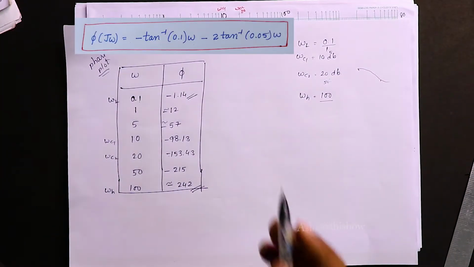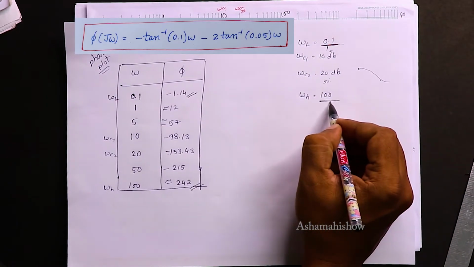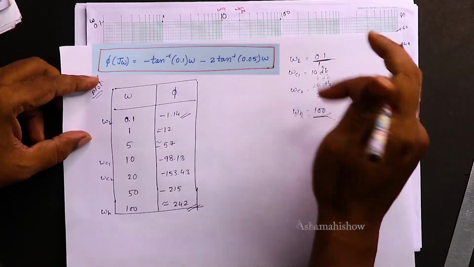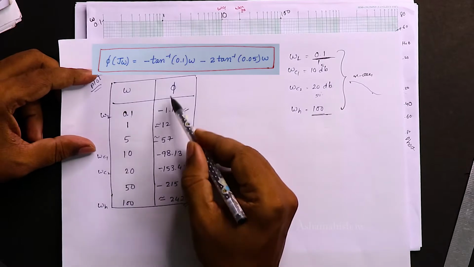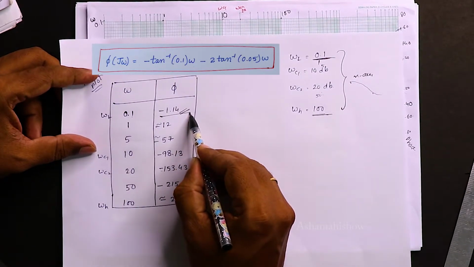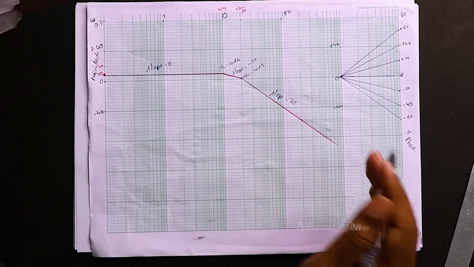For marking the values, the initial value I have taken as 0.1 and the highest value as 100. These are the omega values on the x-axis. On the y-axis, I will be plotting the phase. The value starts at about minus 1.14 and goes till 242, so let me divide it into 50 divisions.